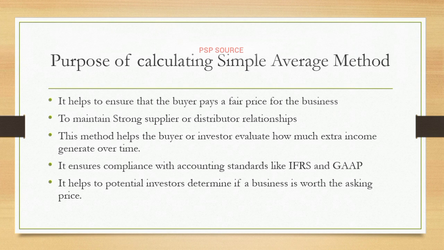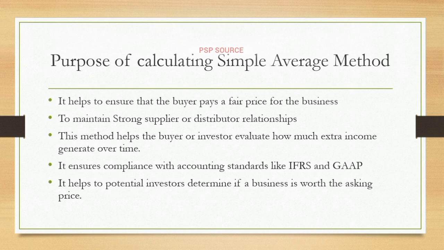The third purpose is that this method helps the buyer or investors evaluate how much extra income is generated over a time. Investors, you know very well, means those who are investing in a business. So investors can determine how much additional income has been generated over a specific period of time.